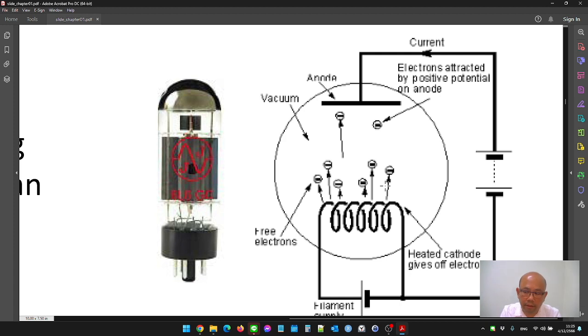The researchers didn't know that electrons moved out, but in the research they put a plate on the other side and connected the plate to a battery. After supplying power and burning the tungsten coil, they found some current moving from the battery across the plate to the tungsten coil, and there was a loop in this.